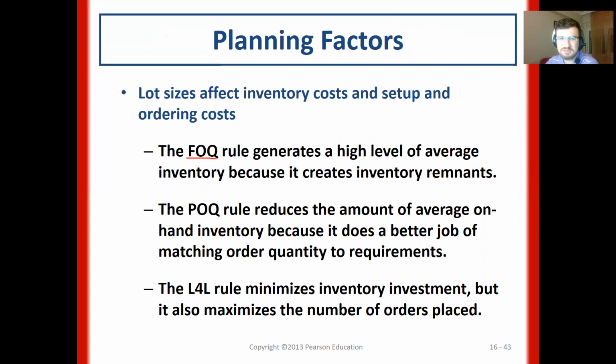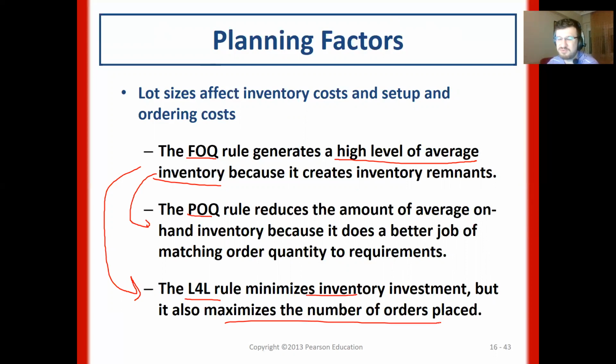Fixed order quantity policy generates a high level of average inventory, higher than periodic order quantity and higher than lot for lot. Periodic order quantity reduces the amount of average on-hand inventory when we compare with fixed order quantity. And lot for lot minimizes inventory cost, however, causes a high number of orders.